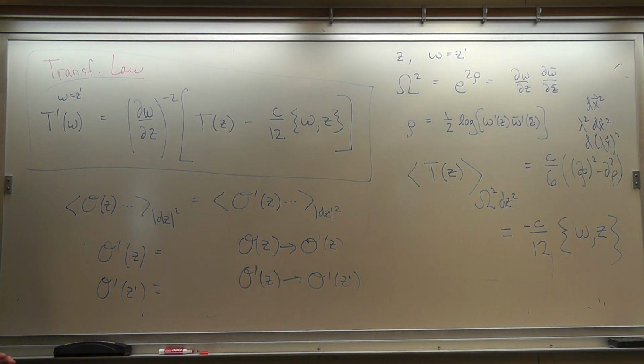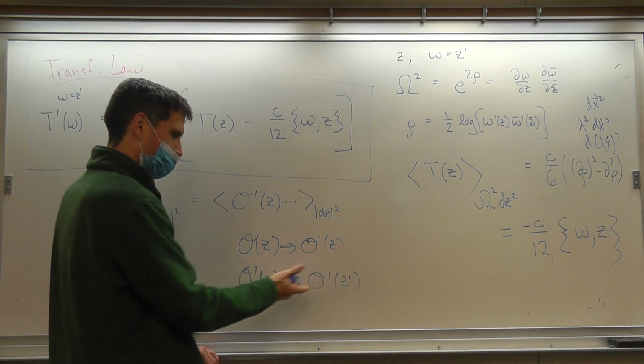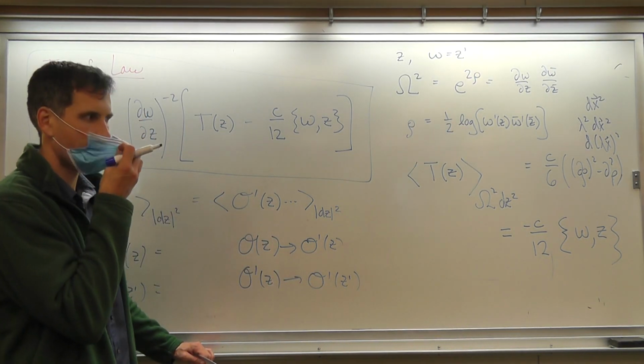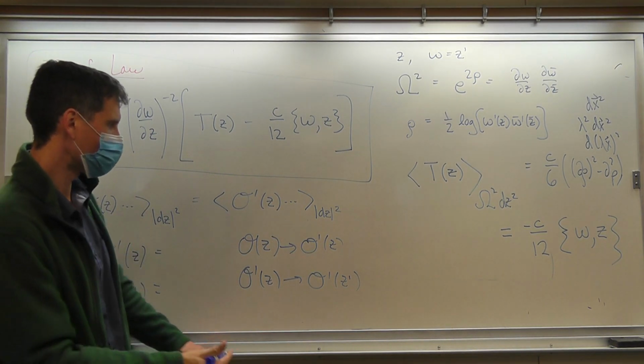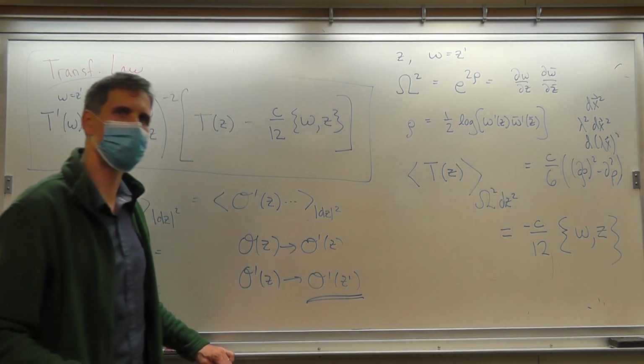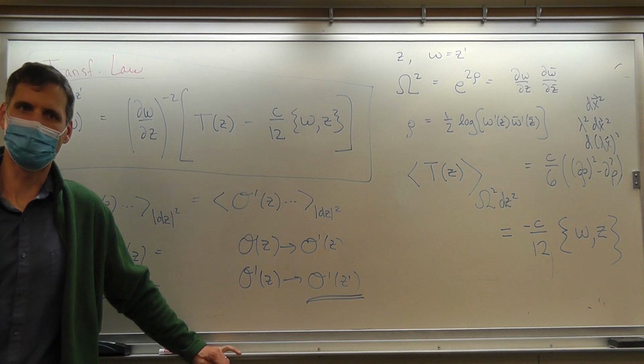The correlation functions will change. You'll get a different answer. Like if you plug this in inside a correlation function, you'll now get a different correlation function. But the interpretation is that this is the physics in the Weyl transformed metric.